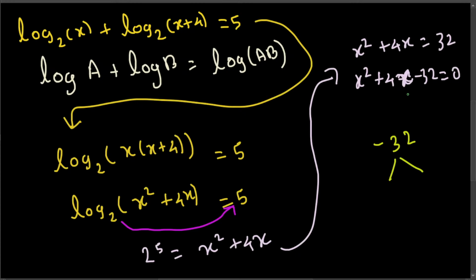So 8 times 4 works, and it has to be positive 8 and negative 4, because when we add, we have to get positive 4, so the highest value should be positive. So we can express this as x plus 8 times x minus 4, that is equal to 0.